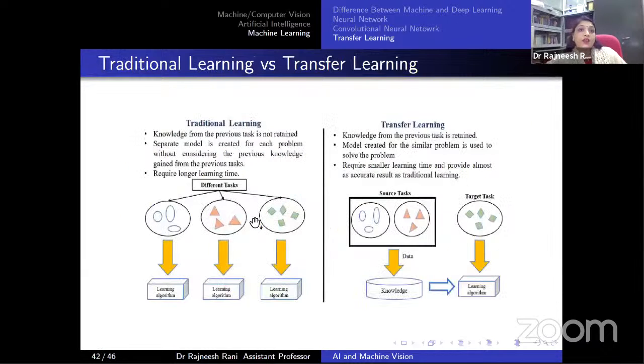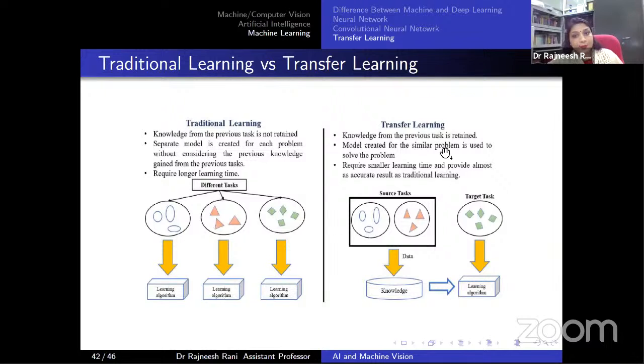There are two types of learning: traditional learning and transfer learning. Let us see the difference. If there are different tasks, for example, one task is to recognize fruits, one to recognize vehicles, one to recognize characters, then for each type of problem you make different models and different learning algorithms.